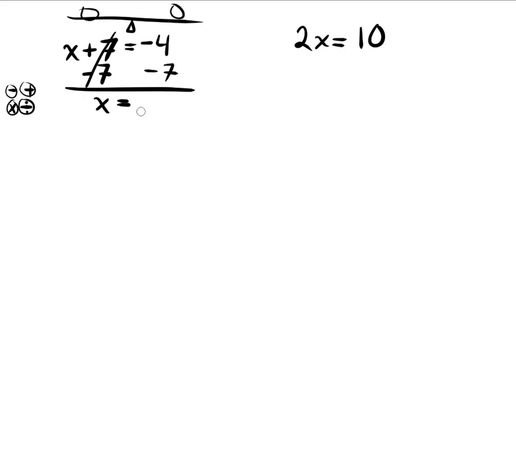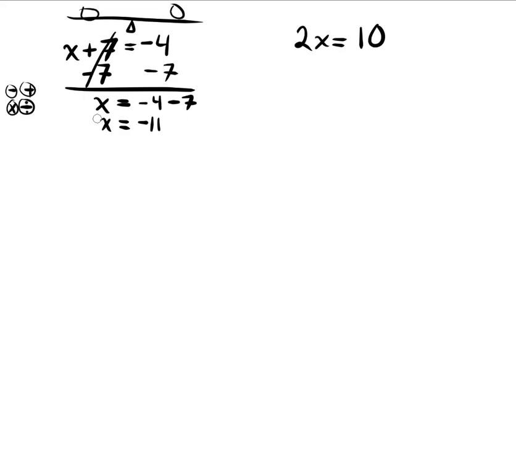Negative 4 plus a negative 7 at that point, or negative 4 minus 7 is how you could think about it. In fact, here, let me just go ahead and write out negative 4 minus 7, right? Because I just had the negative 7 there. And so in this case here, now I have to simplify this negative 4 minus 7, and I end up with x is equal to negative 11.